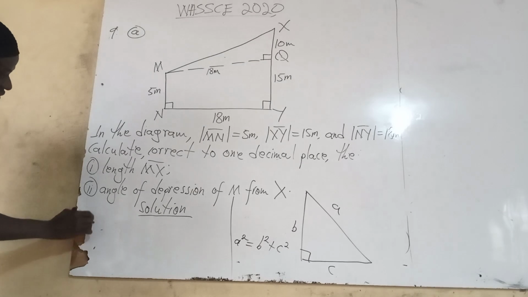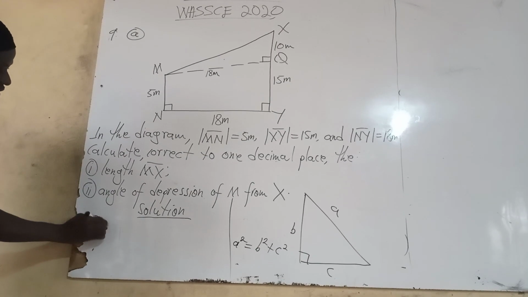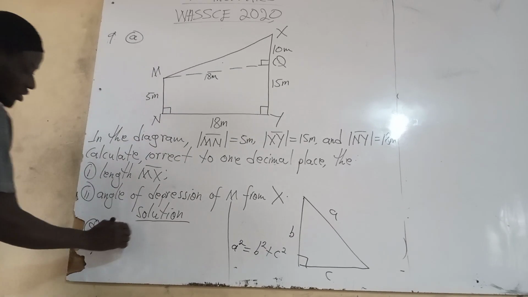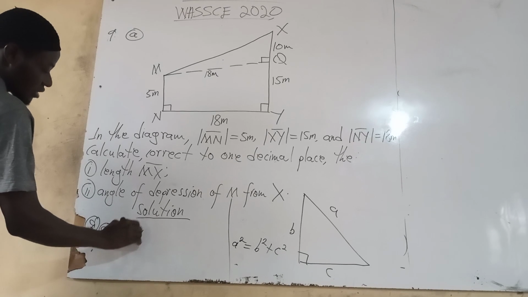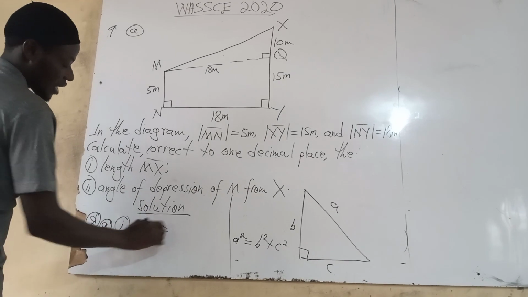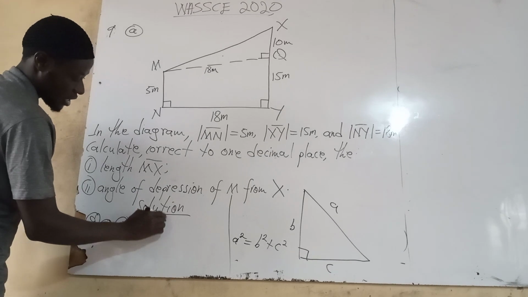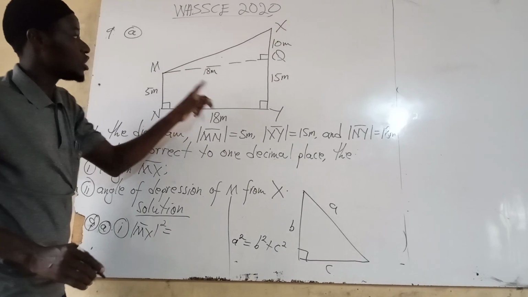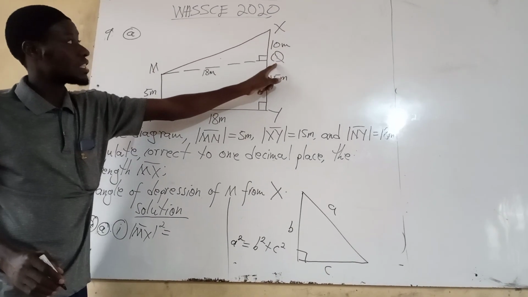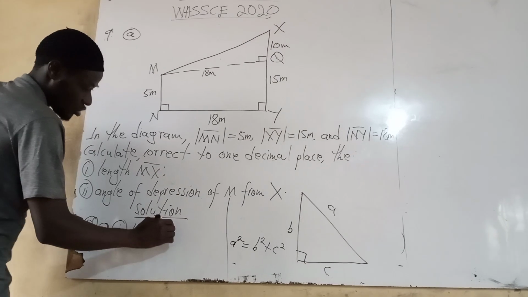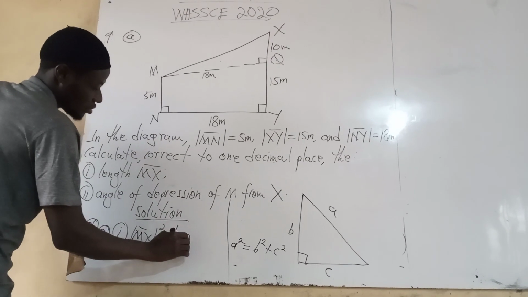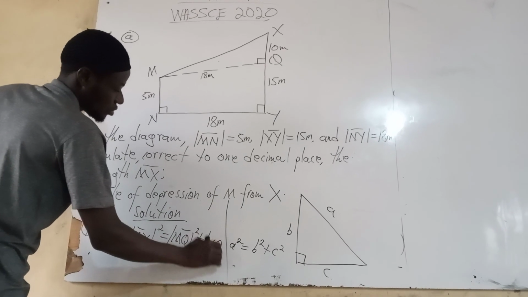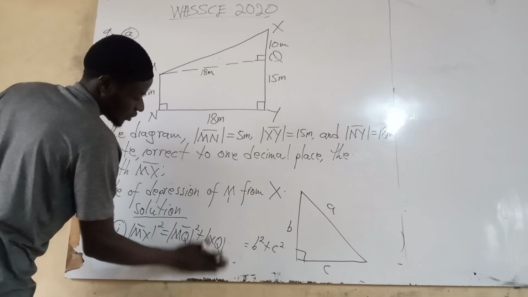And so, we have Roman number 1. We are looking for the length of line MX. So the length of MX square should be equal to MQ square plus XQ square.